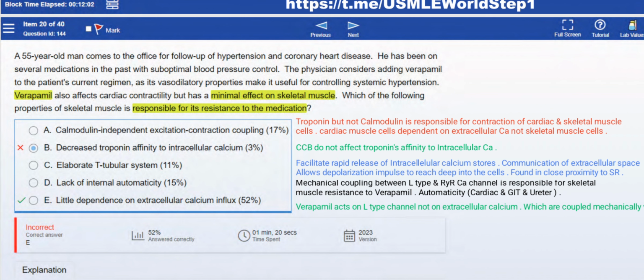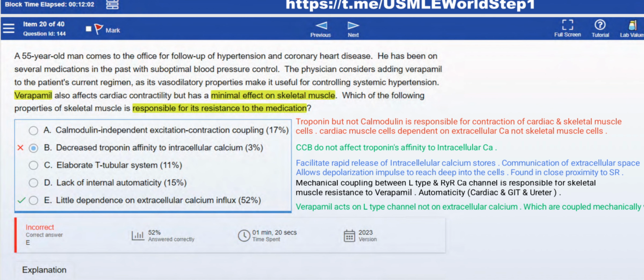Cardiac muscle cells depend on extracellular calcium, not skeletal muscle cells, right? So that is associated with cardiac muscle cells, which are dependent on extracellular calcium, but not skeletal muscle cells.